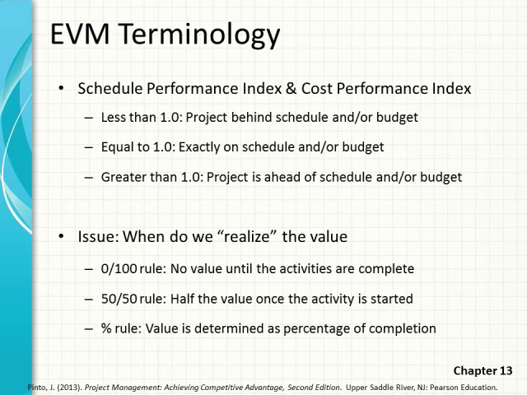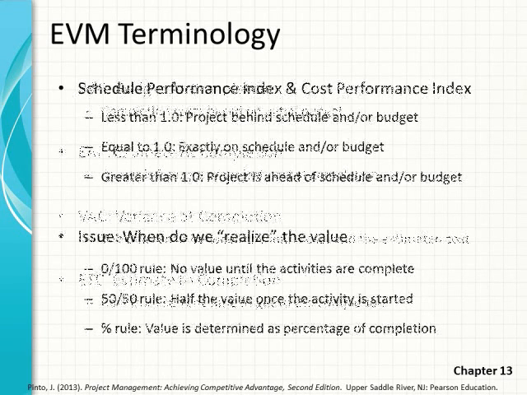Whether it's all or nothing, 0 or 100%, whether it's the 50-50 rule, once begun, half done, or you actually try to determine a percentage, that really doesn't matter. What really matters is that everybody's in agreement as to which rule they use as to when they actually realize the earned value of an activity.